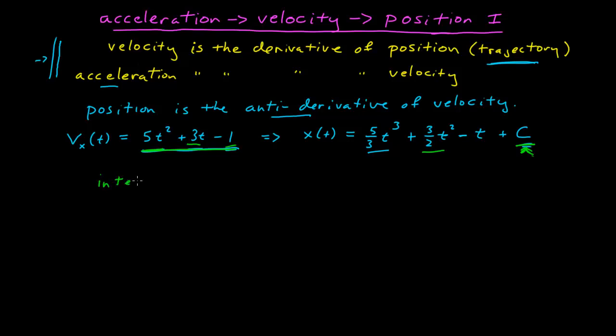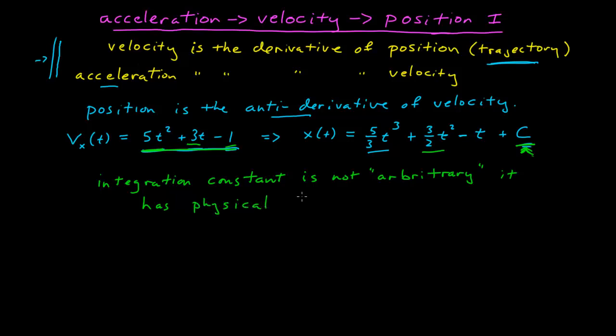This integration constant is not arbitrary in the sense that it can be anything. Given a physical problem, it has physical meaning. It's arbitrary in the sense that it's mathematically arbitrary, but for any given example, it has meaning.